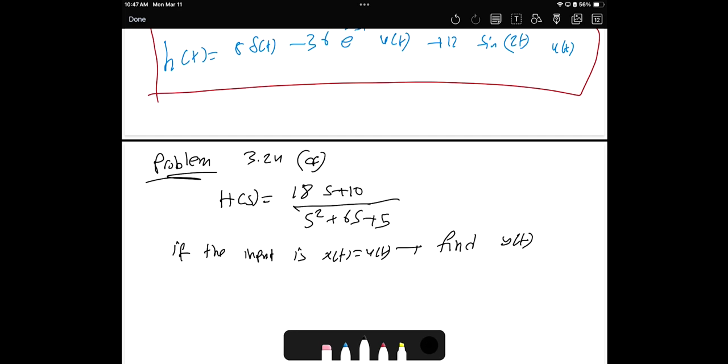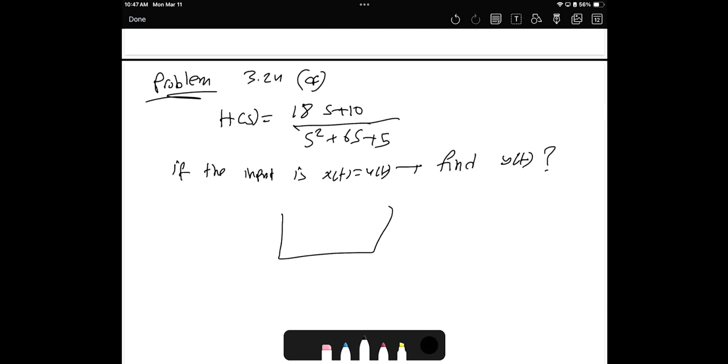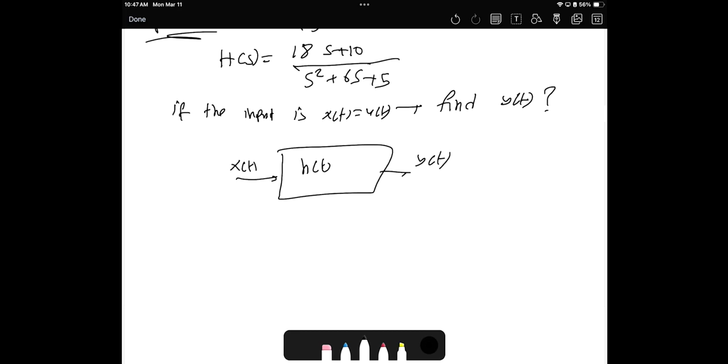So basically, we need to do the Laplace transformation to do this problem. You can imagine this problem as having H of s or h of t, then x of t, and then it will be y of t. Since we already know H of s, we can find X of s to find Y of s.